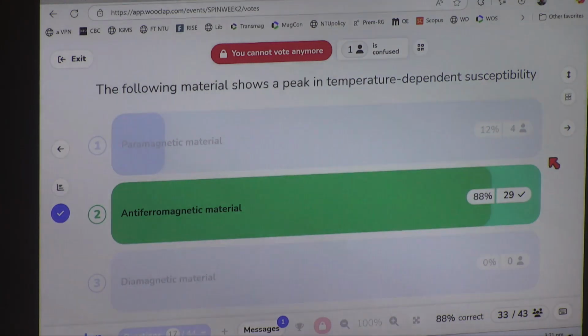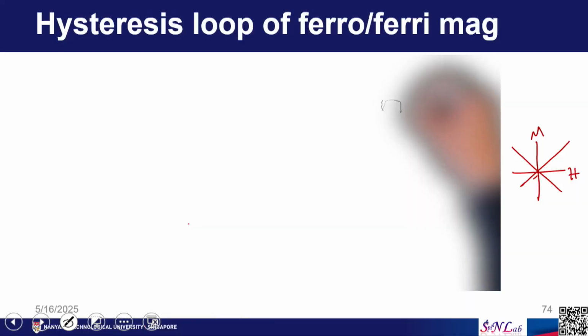So far the cases were either increasing or decreasing as a function of magnetic field. But if you place a ferromagnetic or ferrimagnetic material inside a vibrating sample magnetometer and you try to measure the MH curve, it will not be a straight line. It will show a different behavior, what we call hysteresis loop.